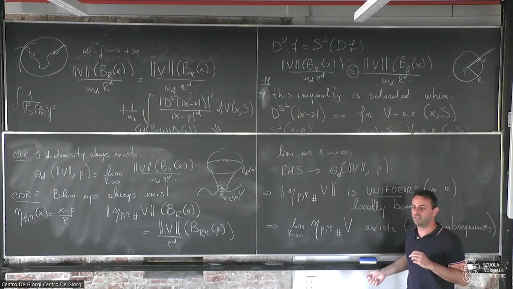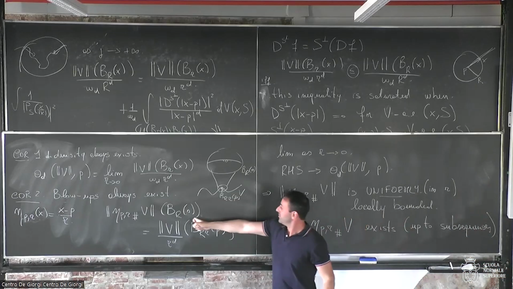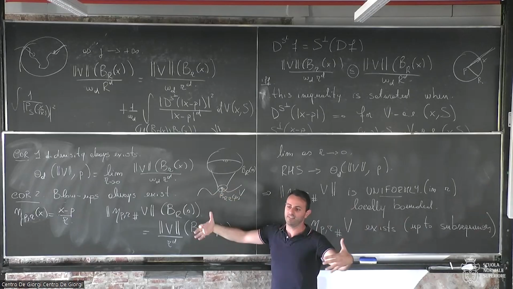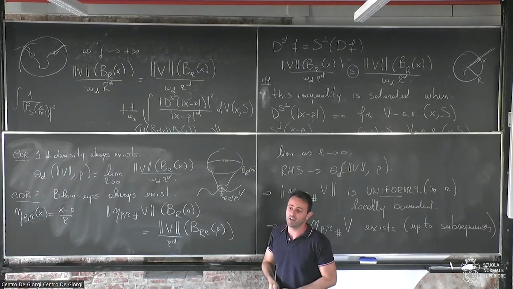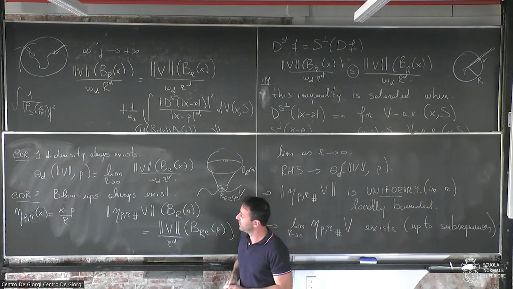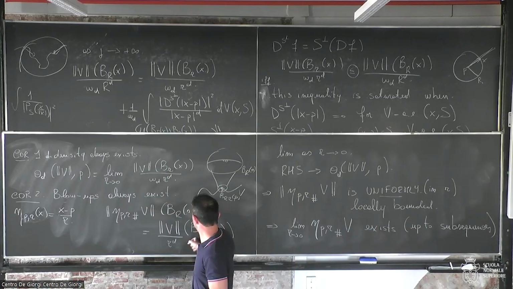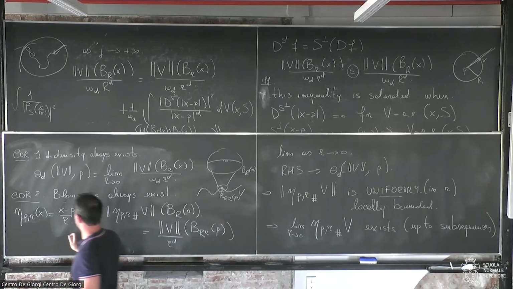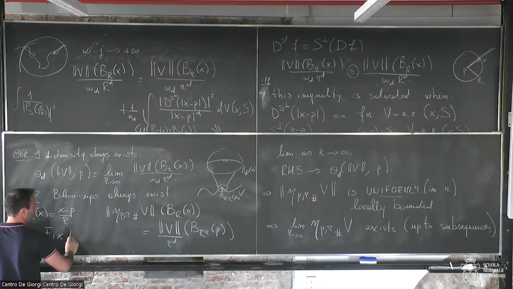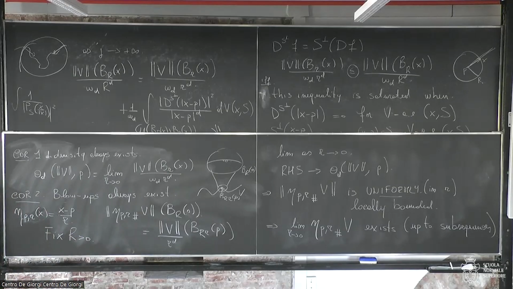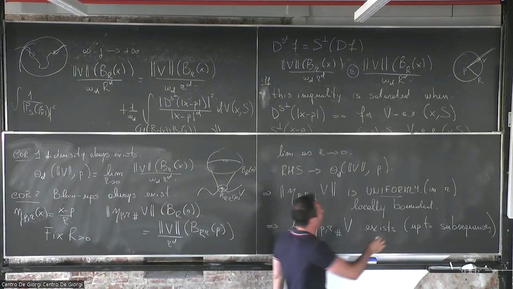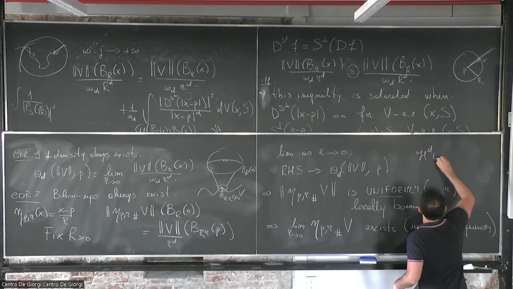Why do you say locally? Locally because capital R, I had to set a big ball here in which to do the computation, because in principle my varifold may be not finite. You are assuming that the density is finite, the limit is finite. This guy is finite, yes. But I'm fixing... So the varifold can have infinite weight, but not finite density. Exactly. Imagine the very simple case, take a plane, HD restricted to a plane.